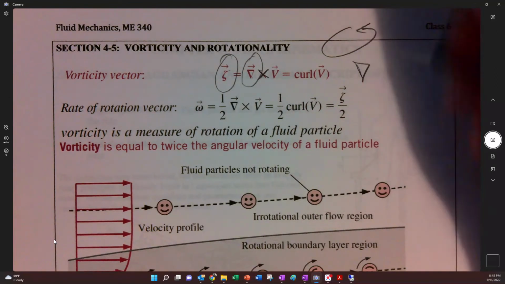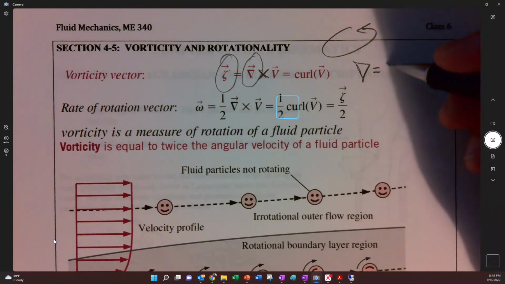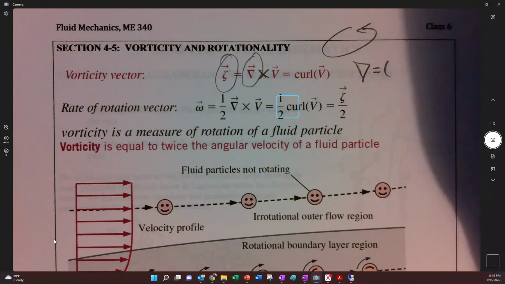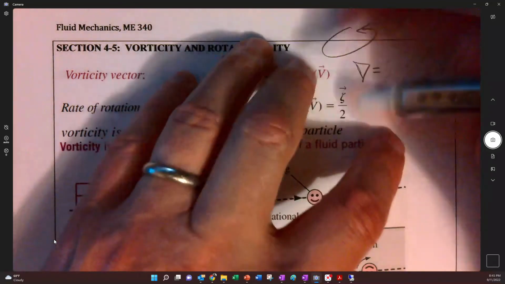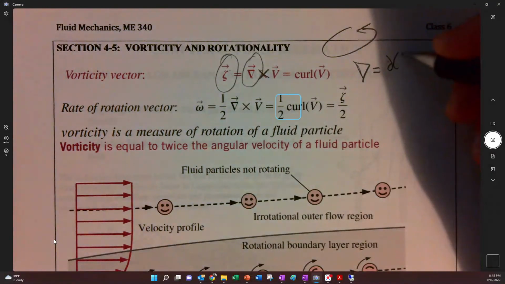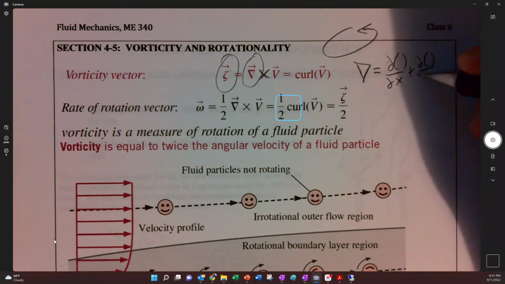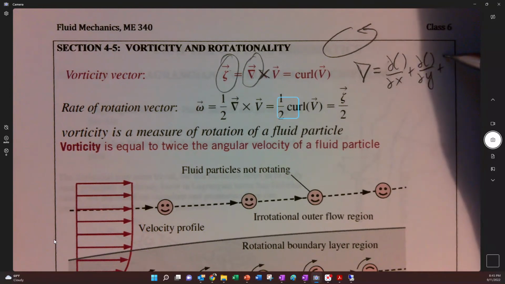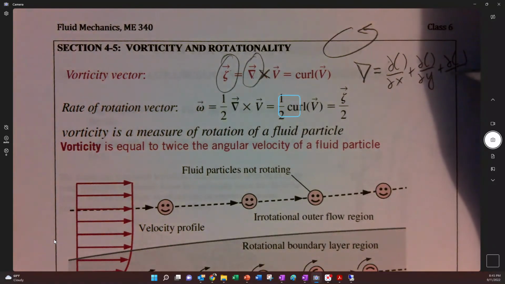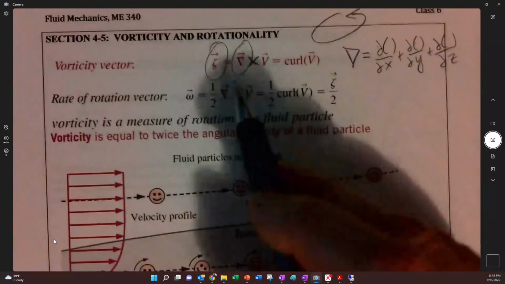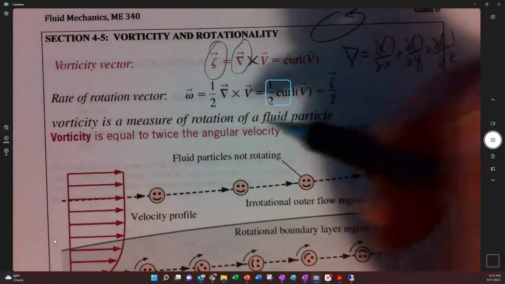That operator, if you'll recall, is the partial derivative of whatever with respect to x plus the partial derivative of whatever with respect to y plus the partial derivative of whatever with respect to z. But now you're going to set it up and curl it.